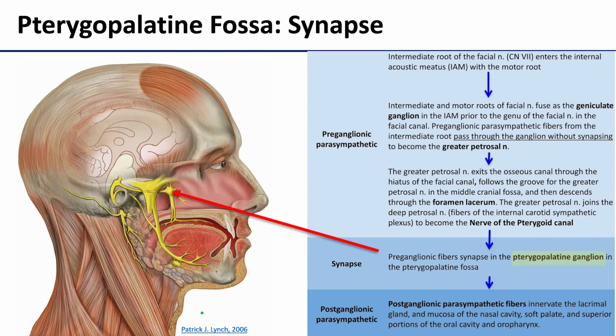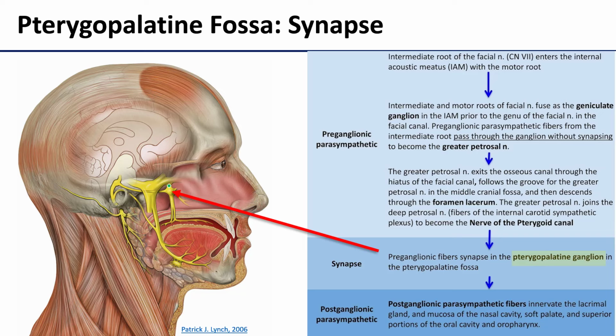And we'll have the preganglionic parasympathetic fibers from facial, from greater petrosal, from the nerve of the pterygoid canal, synapse in this ganglion. The sympathetic fibers move right through without synapsing. They've already synapsed in the sympathetic trunk, in that superior cervical ganglion, more than likely.